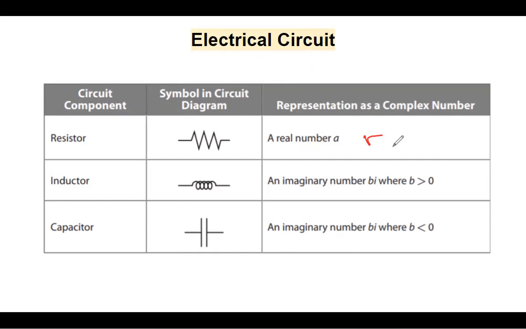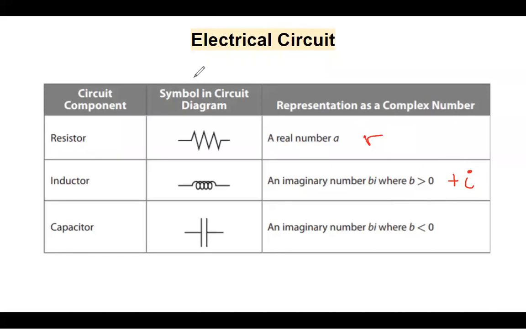My inductor is going to be an imaginary number, but the coefficient of the imaginary number is going to be greater than 0. So what are my values that are greater than 0? Any positive number. So this is going to be a positive i. Now, my capacitor is going to be another imaginary number.